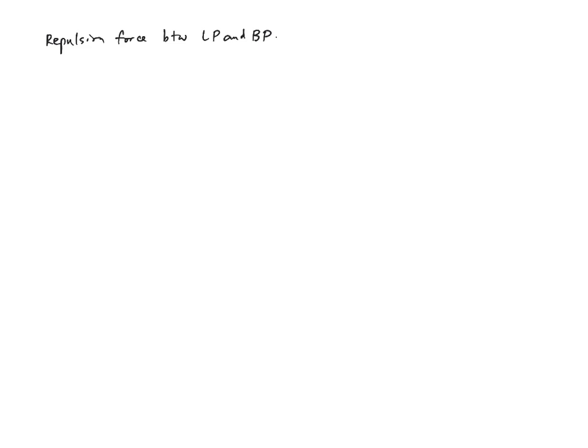And the way that we are going to arrange a molecule, the way that we're going to put in a lone pair, we want to make sure we minimize repulsion within the molecule.